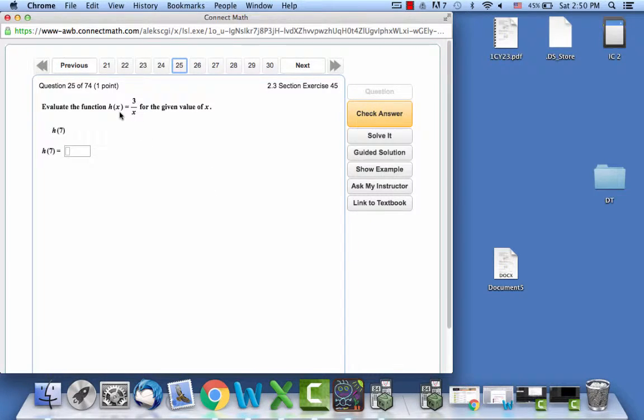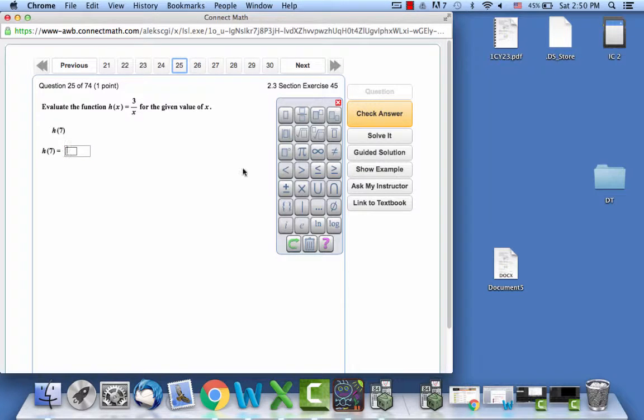Okay, so here we want to plug in. So you see that it says h and then it has parentheses and it says x. What that means is x is the variable. So it will indicate where you put the value that's in the parentheses. So whatever goes in the parentheses, you put where the x was. So in this case, we have the 3 is just a 3.